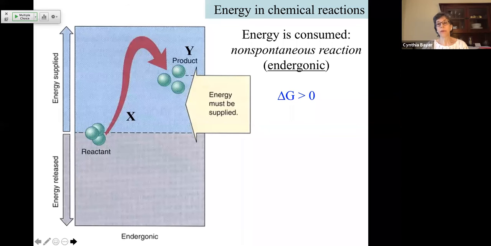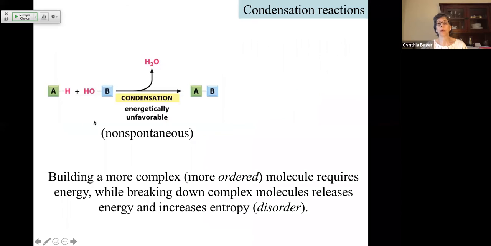And this type of non-spontaneous reaction is what we're talking about when we describe the formation of organized, complex, higher order molecules. For example, the formation of a polymer. The reaction that will join subunit A and subunit B, that condensation reaction, is energetically unfavorable.